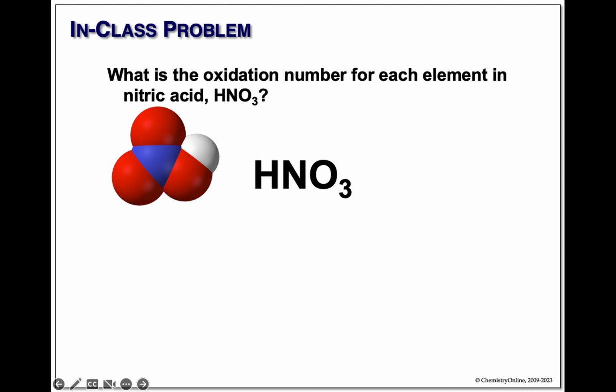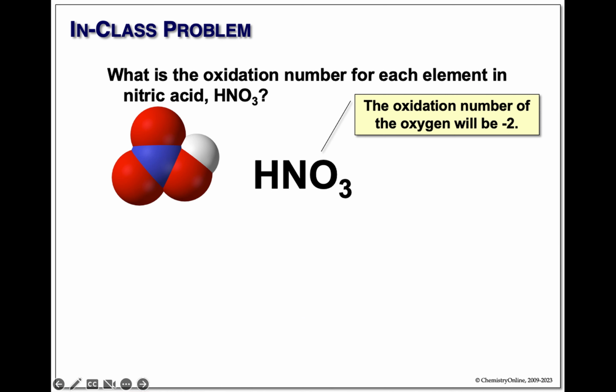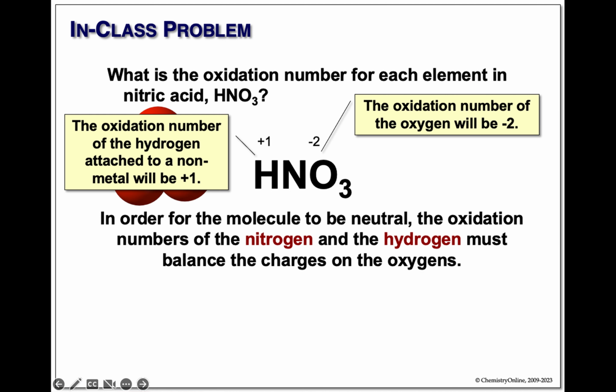All right, we look at this. We see two things. We have oxygens. They're going to be -2, right? We have a hydrogen that's bonded to an oxygen. We know that if hydrogen is bonded to a nonmetal, it will be a +1. So, our oxygen is -2, our hydrogen is +1.